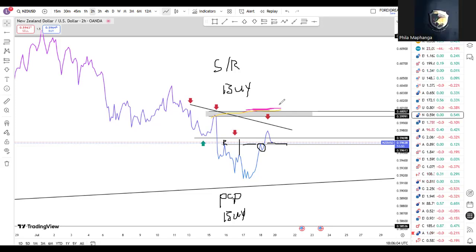Okay, I agree. Why? This is the resistance level. Now we want to see what they're going to do from there. If they break and go up, we don't worry. They will come back and test as what? As support. We continue with the trend.